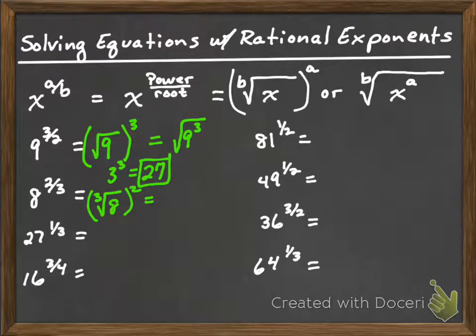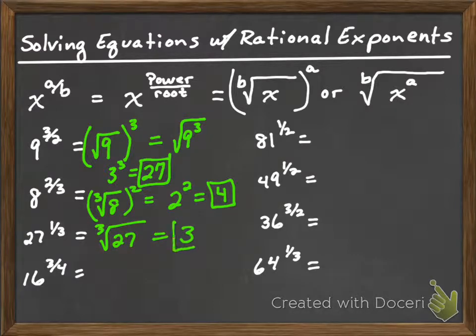Well, the cube root of 8 is 2, and then squaring that is going to give us 4. All right, so the next one is going to be 27 raised to the 1/3, which means cube root of 27, and then raise that to the first power. Well, that simply means cube root of 27, which is 3.